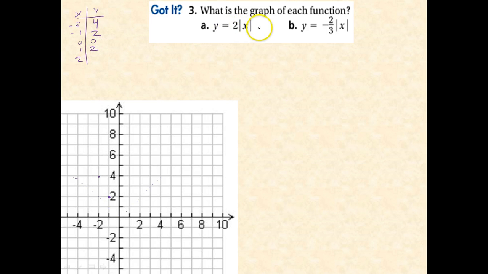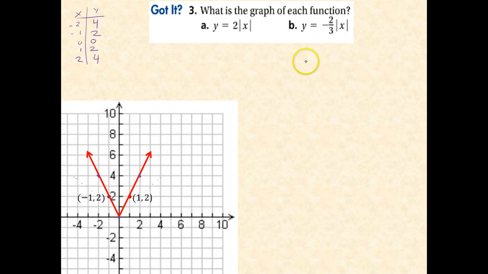Absolute value of 2 is 2, 2 times 2 is 4. So what we get is these points: (1, 2), (-1, 2), (2, 4), (-2, 4), (0, 0), and then we draw our V shape through there. So that's a vertical stretch by a factor of 2.